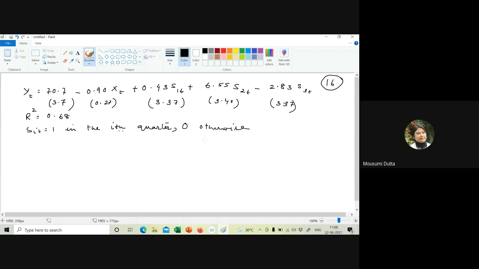SIT is equal to 1 for the ith quarter, 0 otherwise.